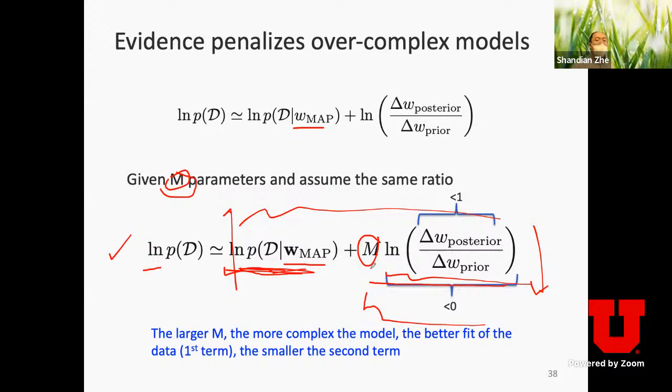Because from the frequentist point of view, you only care about this first term, right? It is very easy to encourage complicated models if you only care about the data fitting term. And if you want to penalize model complexity, you have to intentionally add some regularization, or do some cross-validation or other things. I believe everyone is familiar with that, right? But if you put it in the Bayesian framework, this trade-off is performed in an underlying way. It is automatic.